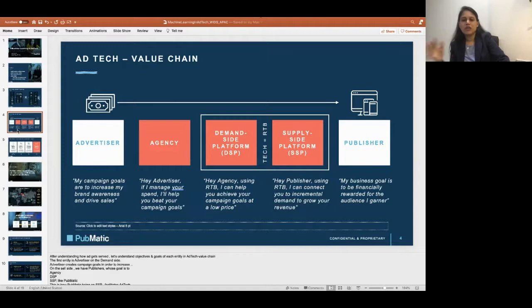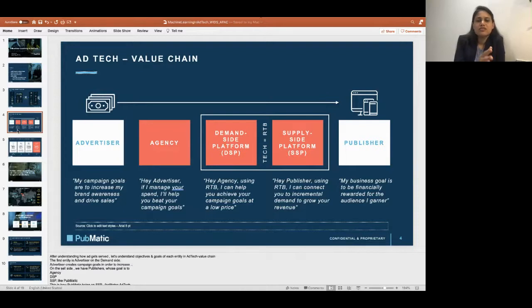And for the publisher, the objective is to get financially rewarded for the audience they garner. In between the advertiser and the publisher, we have a bunch of entities. Advertisers connect to the agencies who help them manage their campaign goals and also beat their campaign goals.